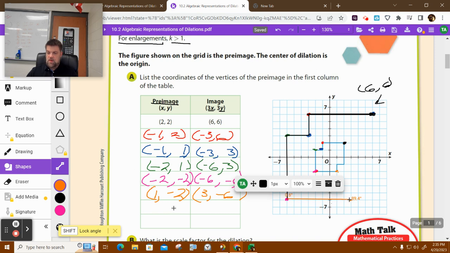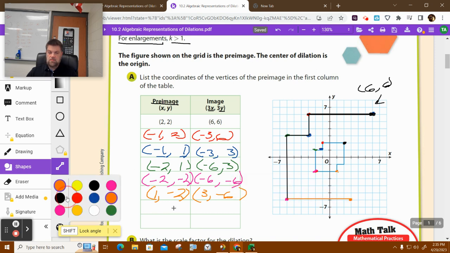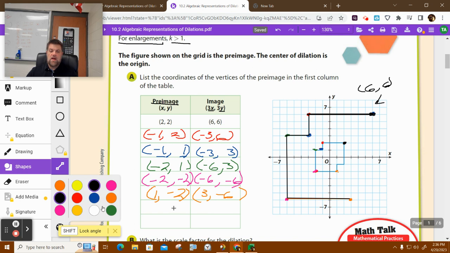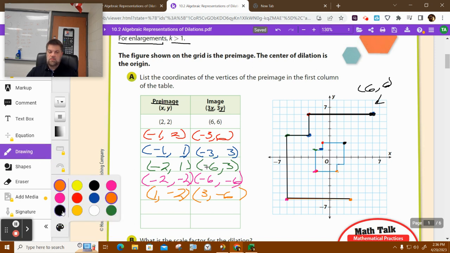Oh, shoot. I don't want it to be that color, though. All right, one more point to go. I'm running out of colors. Let's go, we'll just do black. So this point here, that's what? Other way around. Remember, it's x comma y, so it's +1, -1.